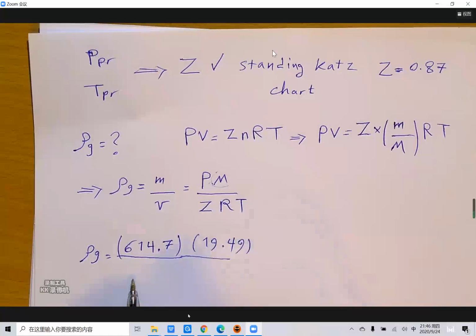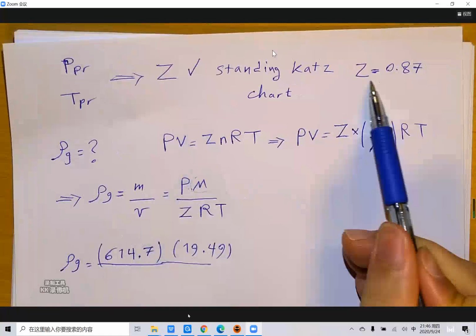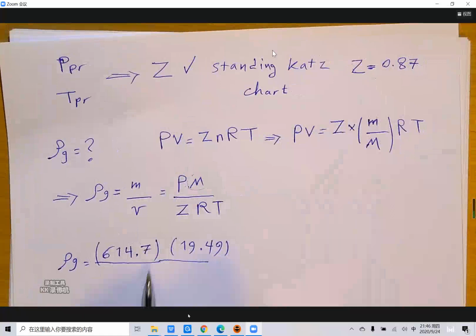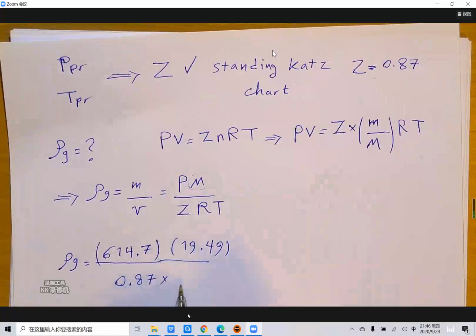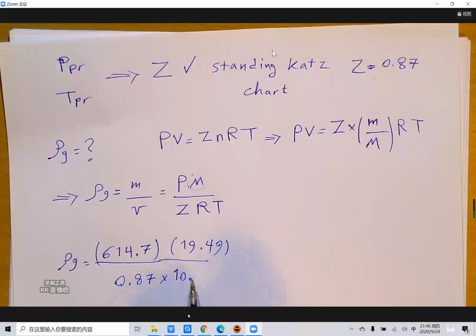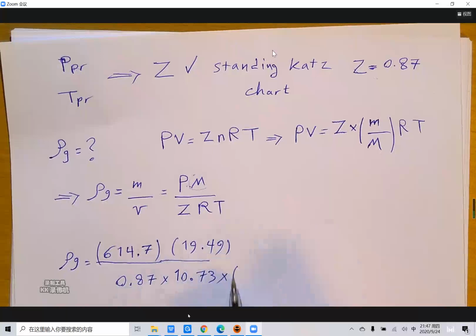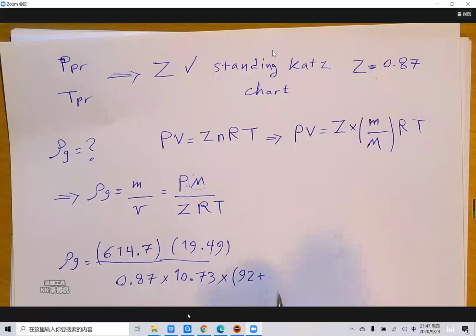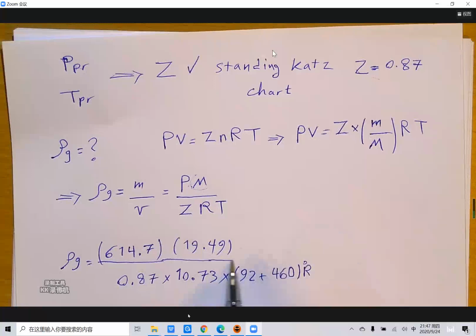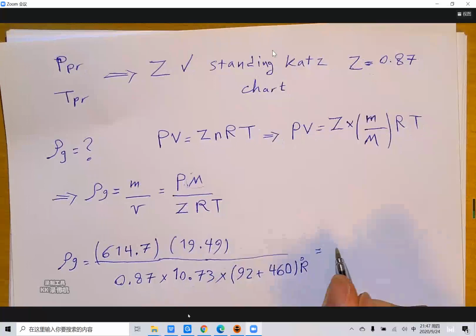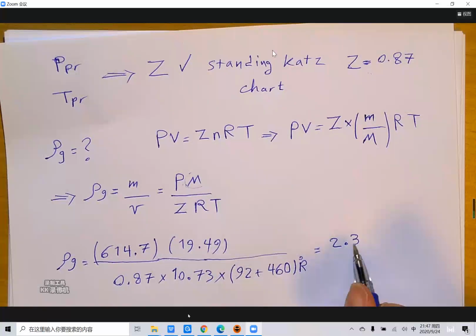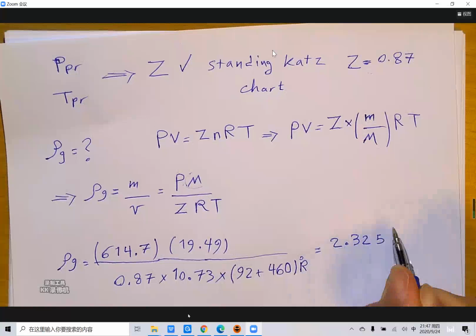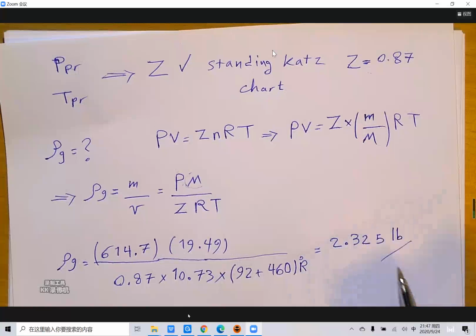We also found the compressibility factor, 0.87, then multiplied by the constant R, and then the temperature, that is 92 Fahrenheit, which we have to convert to Rankine. The final value is 2.325. This is in pounds per cubic foot.